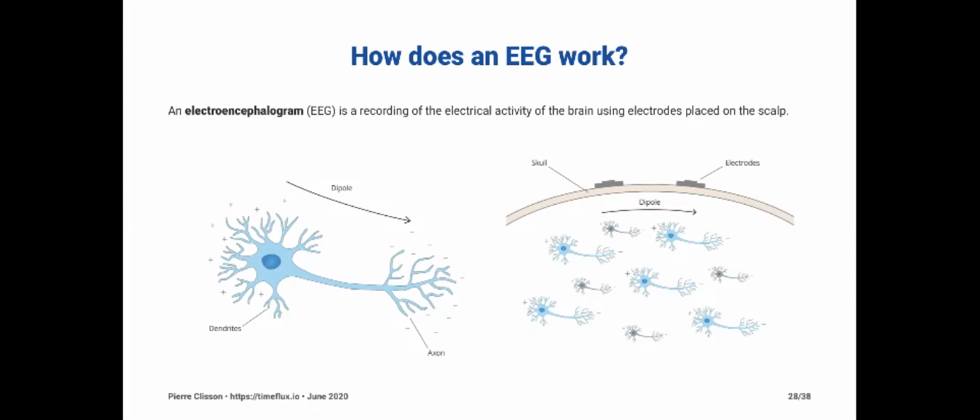And so the brain is made up of cells, and these cells are called neurons. Neurons communicate with chemical messages, and these chemical messages change the electrical potential of the cells they connect with.